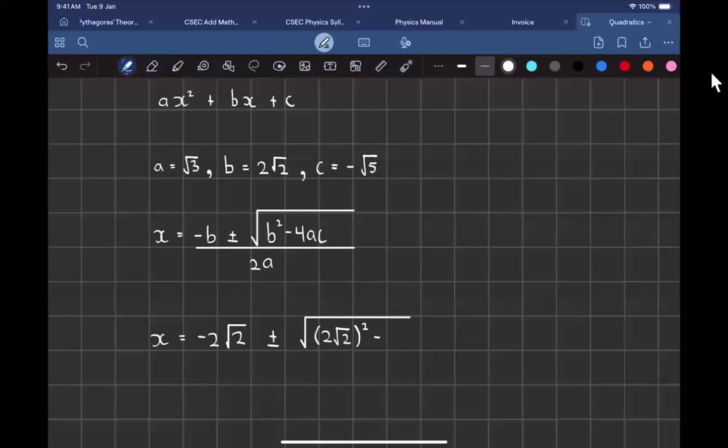Minus 4, open bracket, root 3, and then minus root 5, all over 2 root 3. Right.